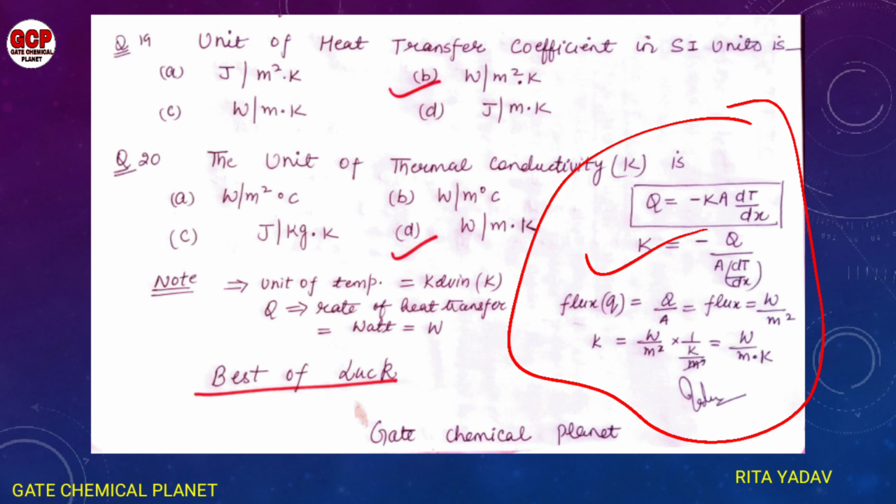Putting the values of Q by A, we can also write the values for dT and dx. T is the temperature and x is in meters. So watt per meter square into 1 upon K by m. One m will cancel out, only one m will remain. So the unit of thermal conductivity is watt per meter Kelvin.